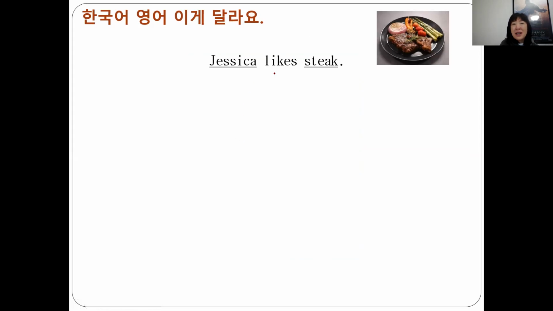자, Jessica likes steak. If you translate, I cannot write Jessica in red colors. I'm gonna use doodling. 갑니다. 자, English, this is Jessica. This is 좋아하다. This is steak. 자, so Jessica likes steak.